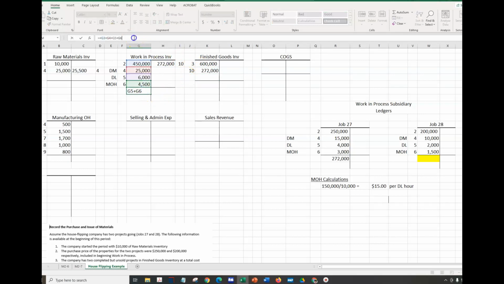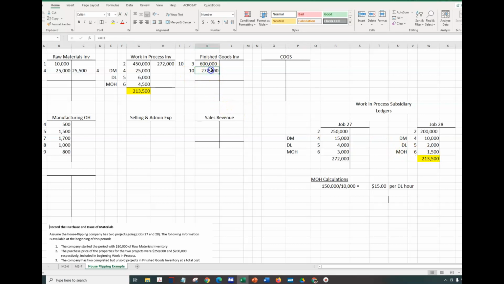Now we need to recalculate here because something went out, right? 272,000 went out of work in process. So now our balance is 213,500. We only have one job left. If we did everything correctly, this one job left in here should total up to 213,500. Okay?